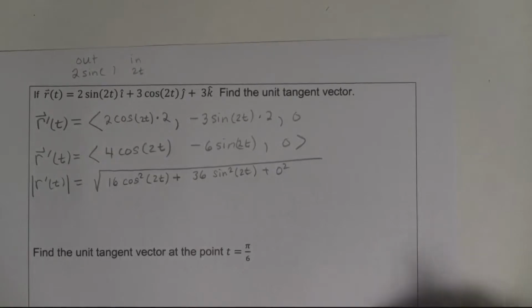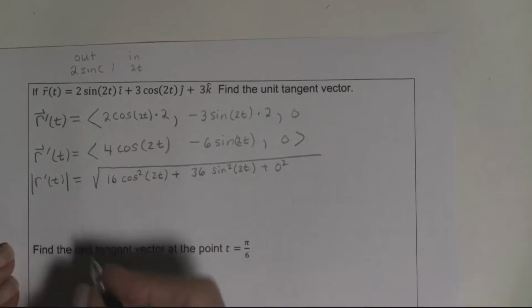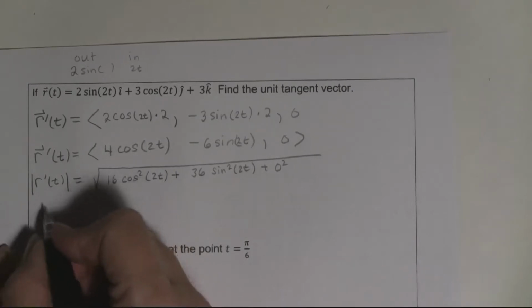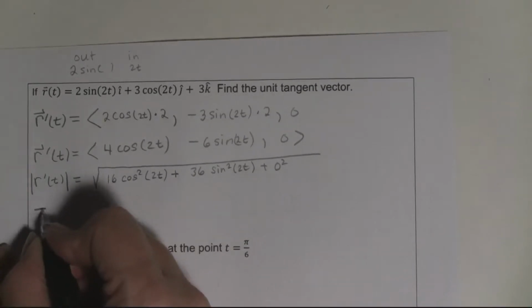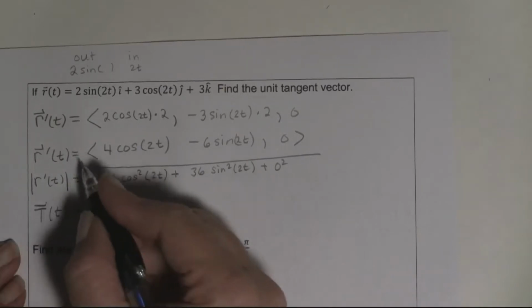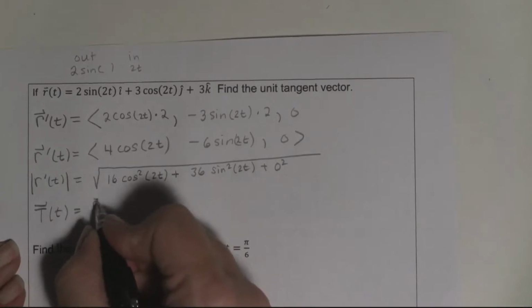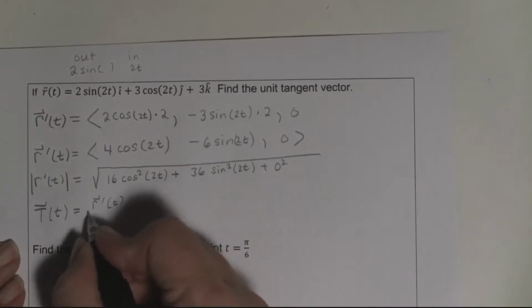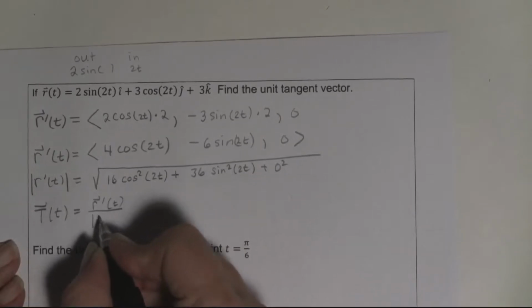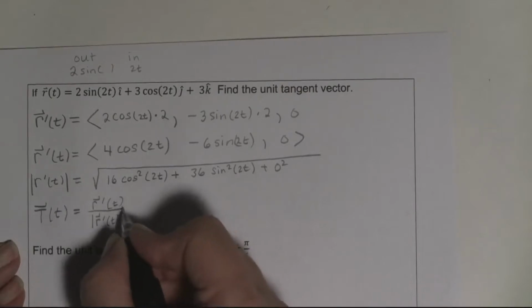And then all you have to do to find the unit tangent vector, the formula is this divided by this. So it's r prime at t divided by the magnitude of r prime at t.